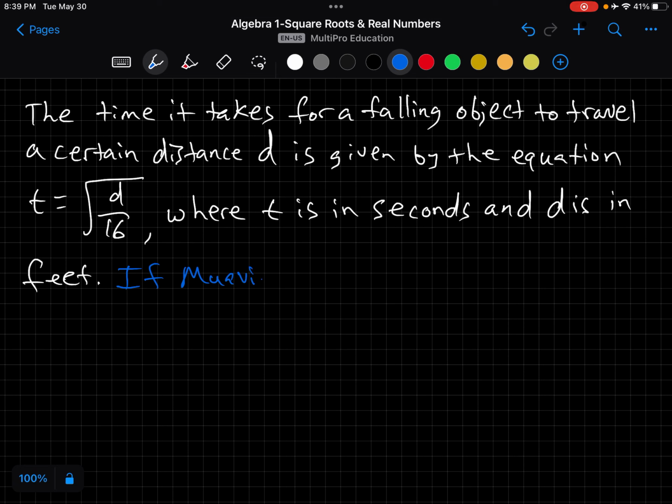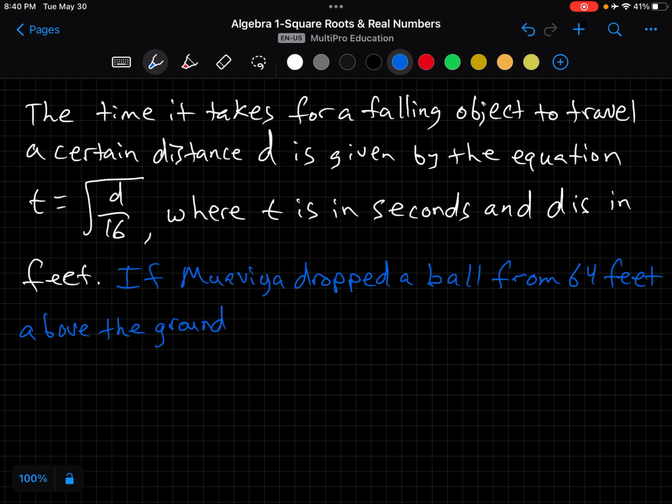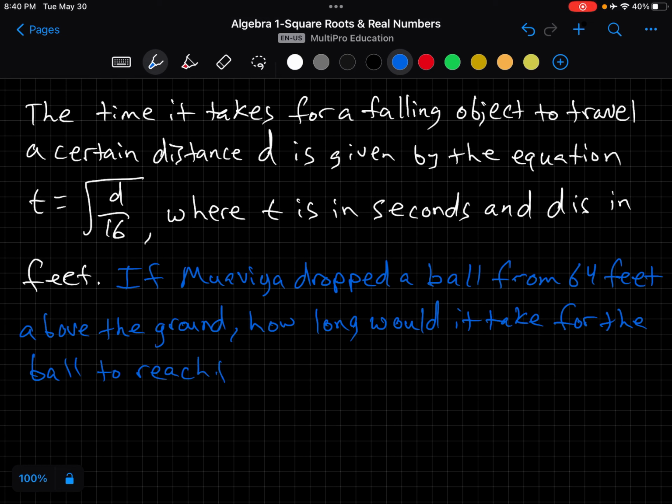If Mavia dropped a ball from 64 feet above the ground, how long would it take for the ball to reach the ground? Okay.